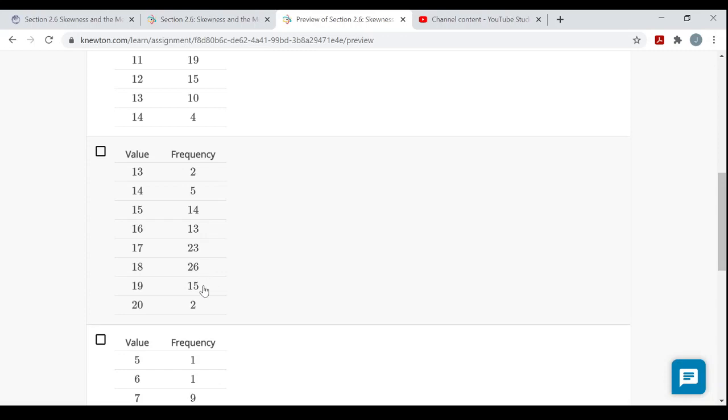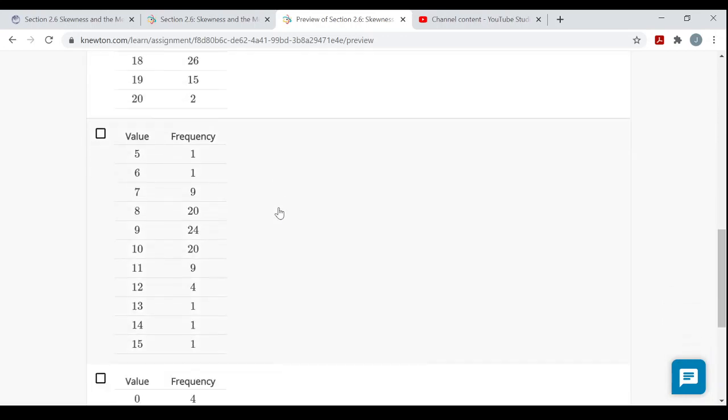And then 15. So like this block here from the value of 15 to 19, that's where the bulk of the data is. And there's just a couple low bars on the left. There'd be one low bar on the right. I'd say this is skewed left, based on it starts off a couple low and then bulky, and then just one low bar on the right. I'm going to pick that one and see what happens.